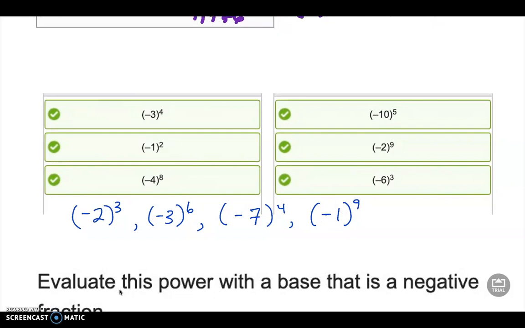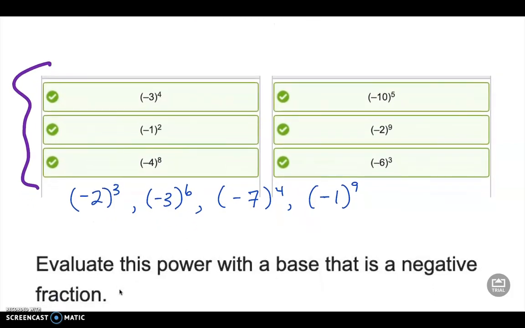Now I want to take a look at all of these. I have some already here, and then I want to look at these as well. And we're going to decide if they are going to be a negative number or a positive number. Now, if you remember, if the power is even, we're going to get a positive number.